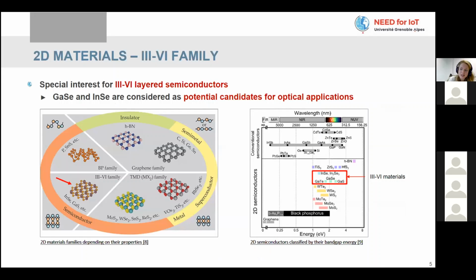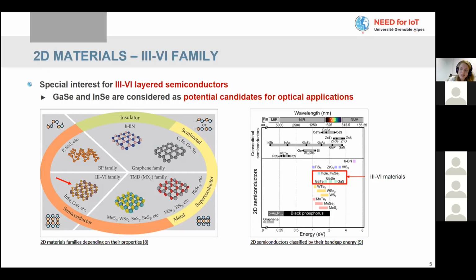So you can find insulator, semi-metal, superconductor, or metal, for example. But here, the ones that interest us are semiconductors. You can find the TMDs, which are the 2D materials really studied for optical applications and which can cover between visible and near infrared.